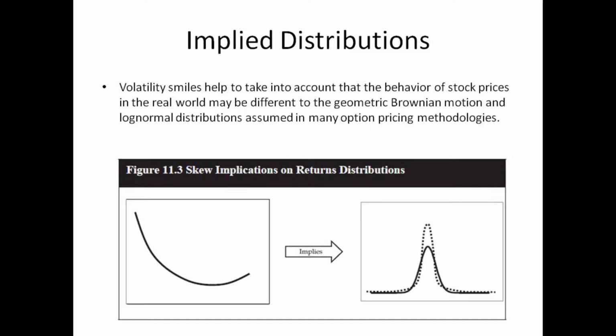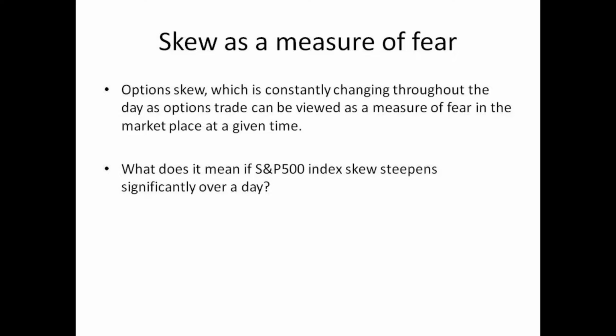So the skew or the smile implies a distribution with fatter tails than would be normally expected. So our next slide, skew as a measure of fear. Option skew, which is constantly changing throughout the day as options trade, can be viewed as a measure of fear in the marketplace at a given time.